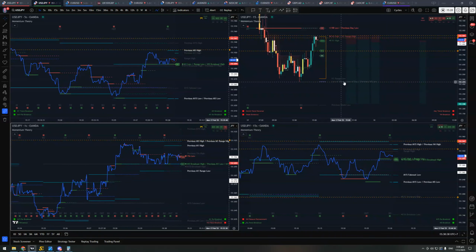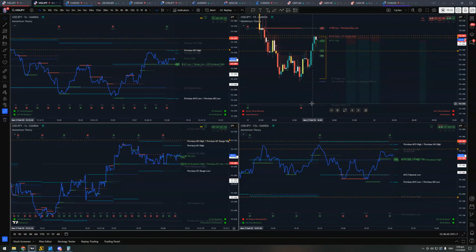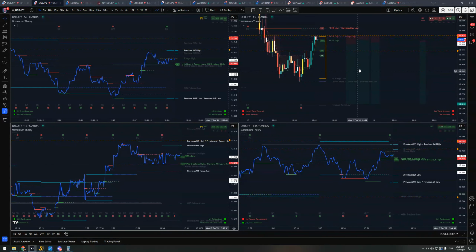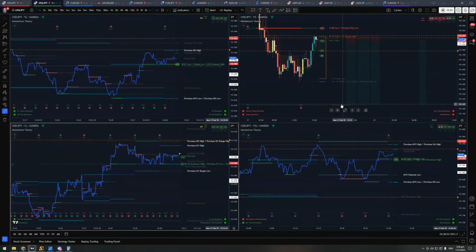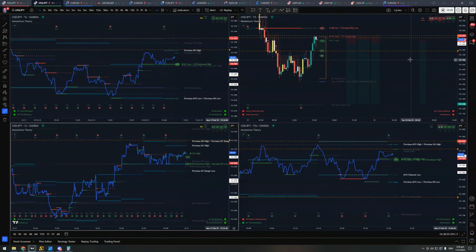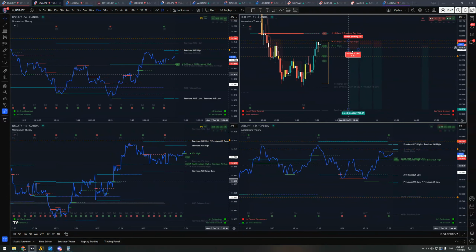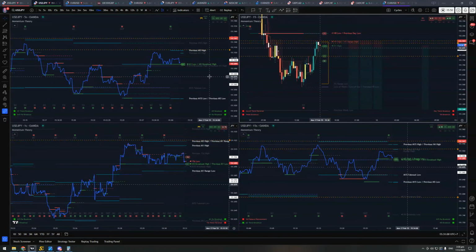I was calculating this was 42R down to here, and this was about 60, 70R all the way down here. So that's why I don't mind taking 4R, 5R loss if I can get 40R, 70R. It's worth it to me. So I don't mind all this. Just keep your risk low, and that's it.